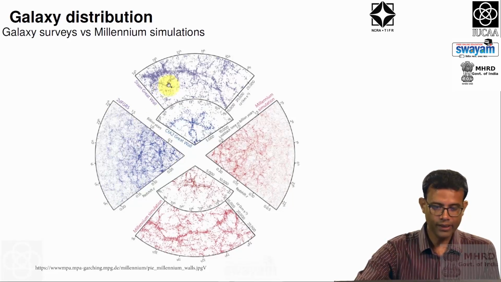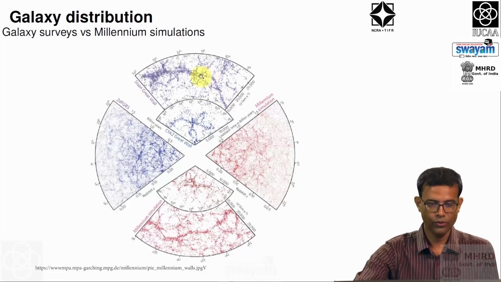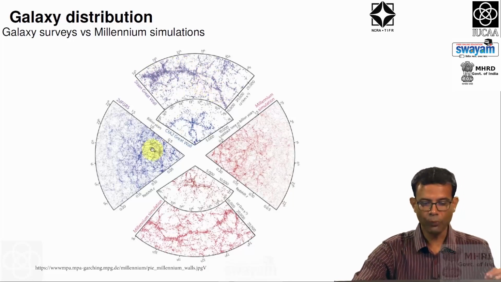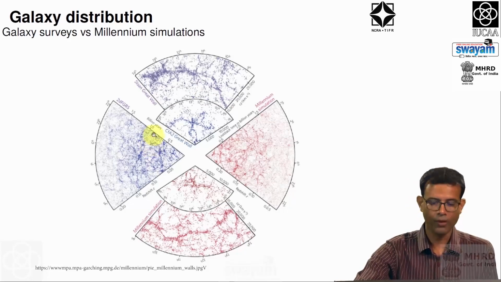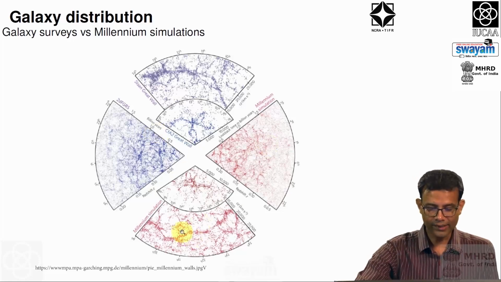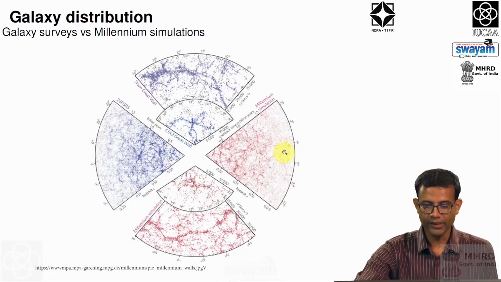These are two slices in the sky showing the observational results. You see all these walls and galaxies coming together, each point is a galaxy here. These come from galaxy surveys. The red slices come from the simulations, in fact the Millennium simulation.